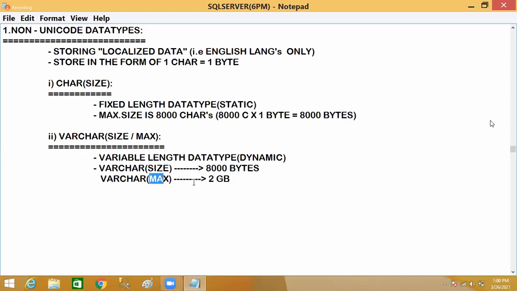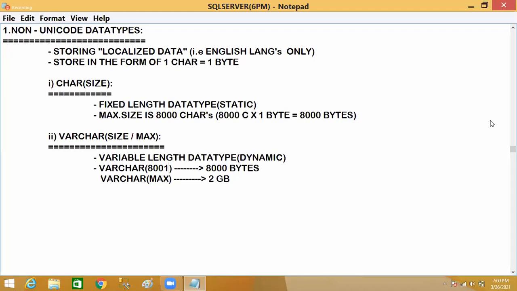If I'm using max, it allocates 2 GB of memory. If you mention a size, the maximum I can mention is 8,000 bytes. More than 8,000 bytes we can't mention. So whenever you require more than 8,000 bytes of memory, you can use the max keyword, because in place of size I can mention up to 8,000 only, and 8,001 is not allowed, guys.